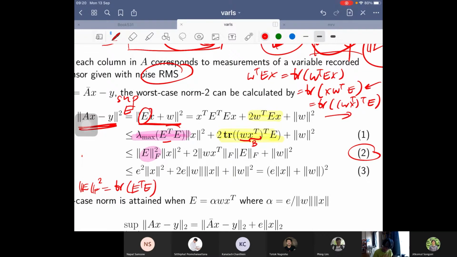Can someone answer? Sitipap, Ping, Lim, anyone? Napat? Sitipap? It is the sum of the eigenvalues of B. Very good. The trace of B is the summation of the eigenvalues of B. Think about this: the trace of E transpose E is the sum of the eigenvalues of E transpose E.